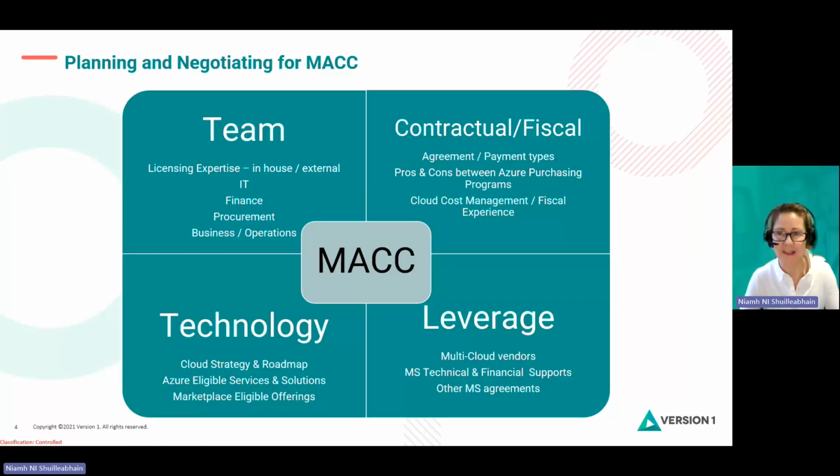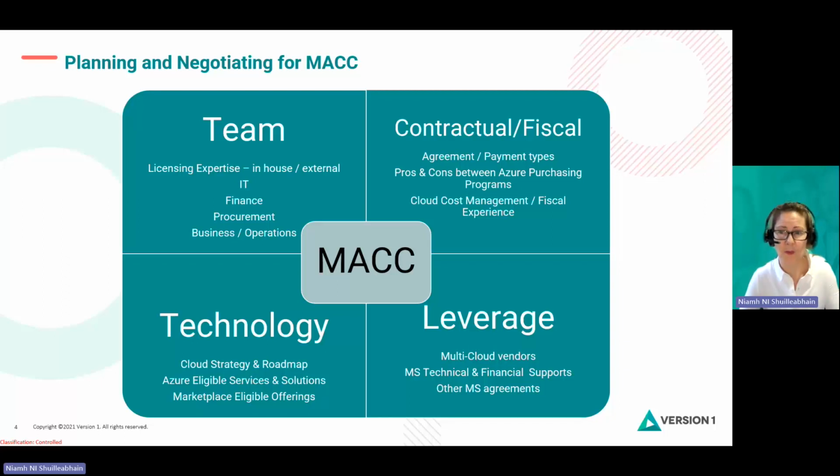So what are the key points to be aware of when planning and negotiating with Microsoft for the MACC? Before you sign a MACC amendment with Microsoft, you should consider the following points. Your team: assemble the right blend of skill sets to forecast Azure requirements and effectively negotiate with Microsoft. Having either in-house or external licensing experts work in tandem with IT, finance and procurement, business and operations is essential.